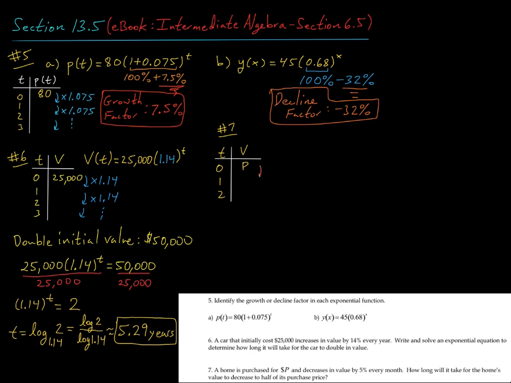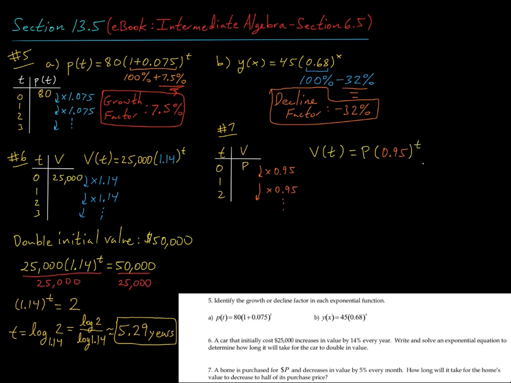So in other words, I'm going to be multiplying year to year by 0.95. So to build my value function here, V of t would equal the initial price, which is P, times this multiplier of 0.95 raised to the t power.